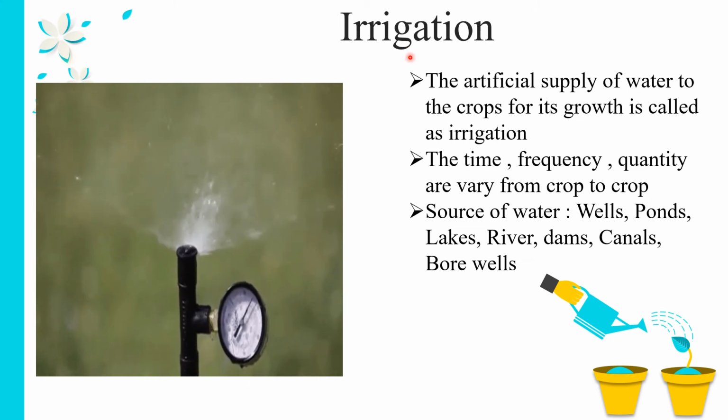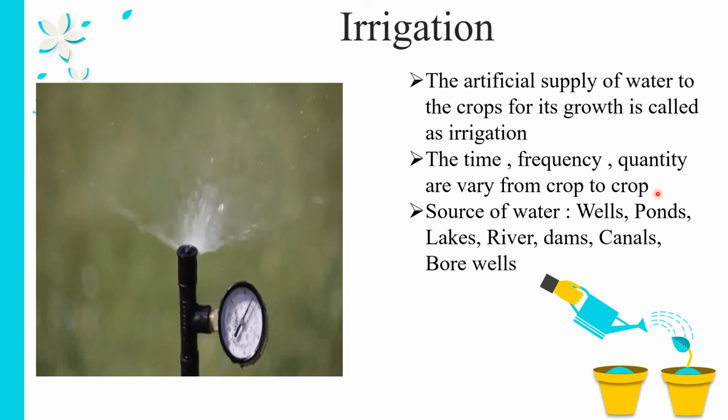So they provide water artificially to their agricultural field, and this process of artificially supplying water to the crop for its growth is called irrigation. And this irrigation has an advantage where the water can be supplied at the required time, in the required frequency and the required quantity depending upon the crop that we are cultivating.